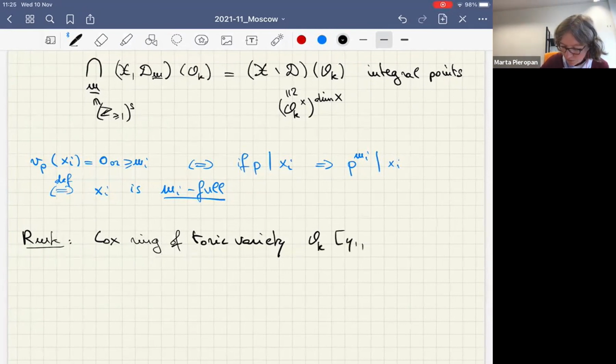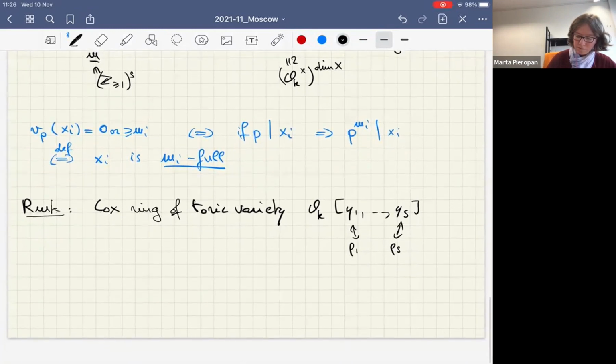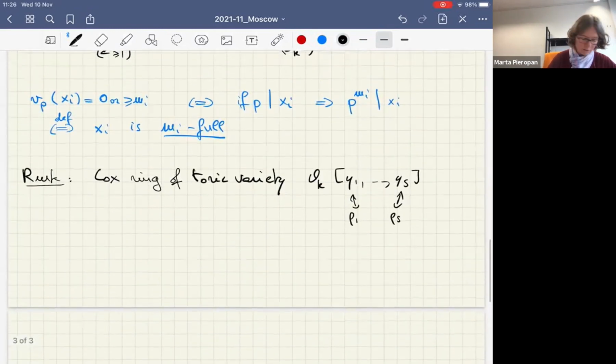And it is just a polynomial ring in S variables where each of the variables corresponds to one of the rays. And then using this Cox ring, I can define a torsor, which for me will be denoted by curly Y. And it is just the spectrum of this Cox ring, so the affine space, A to the S.